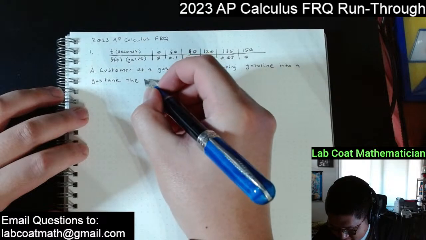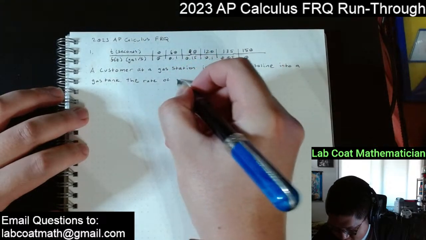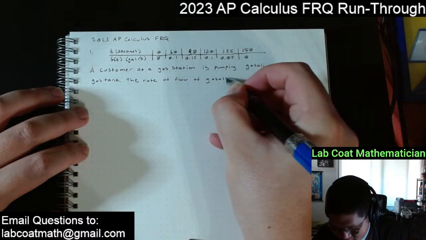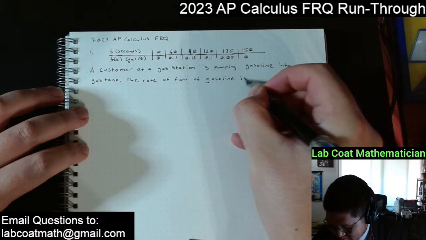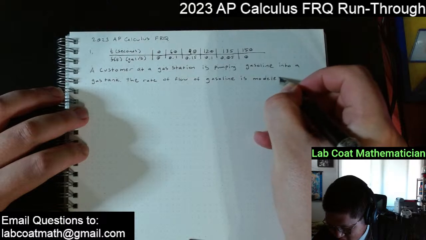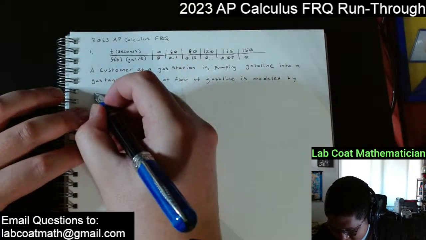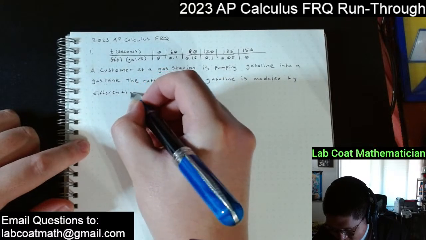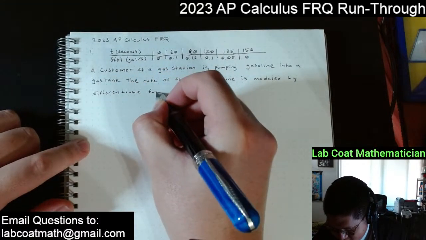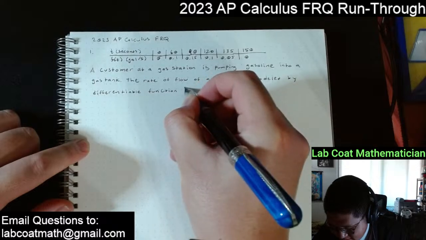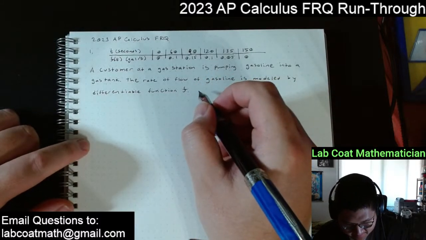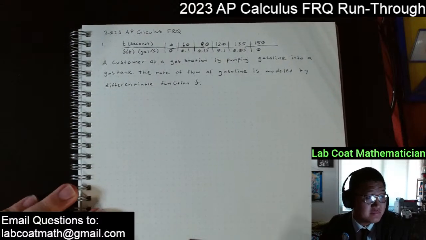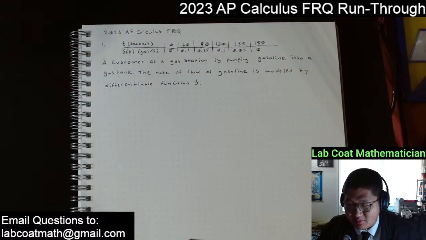The rate of flow of gasoline is modeled by differentiable function f. Okay, and so yeah, and so we have all of that shown right there. Okay, based off of that table.